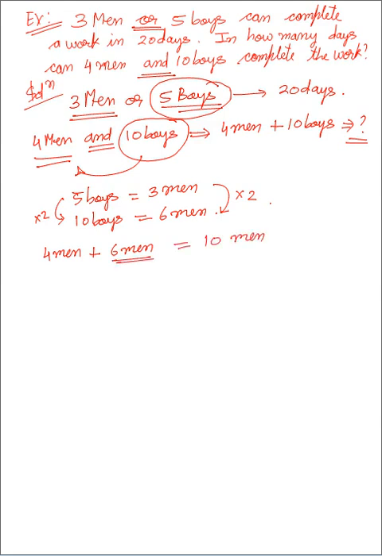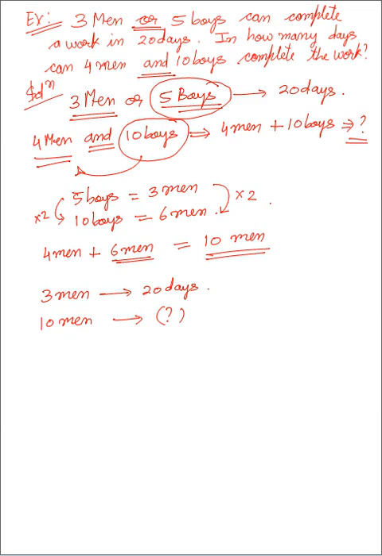Okay, 10 men. Now the data is 3 men need 20 days, right? So for 10 men, how many days? See, here the question is not of man or boy, it is the question of how many days. So I have just converted the number of boys to number of men.